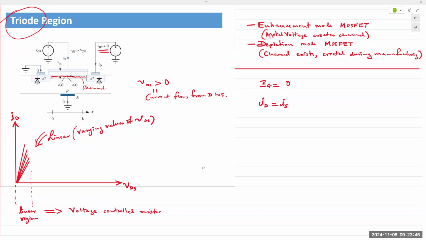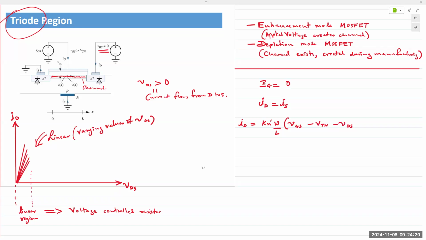And we can write an expression for ID in terms of the device physical parameters and the applied voltages. So ID can be written as Kn prime W over L. Those are the physical dimensions. And the applied voltage is VGS, threshold voltage VTN.